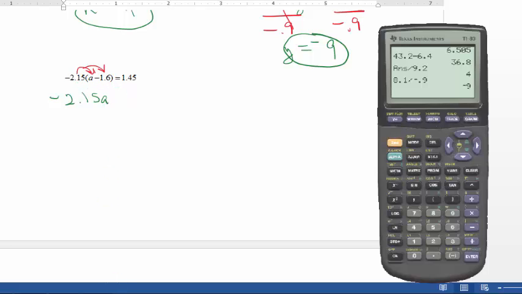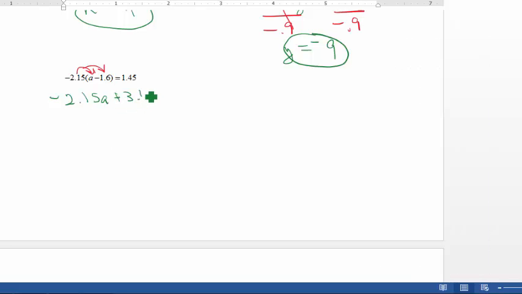That one I got to type in, right? Negative 2.15 times negative 1.6 is going to be a positive 3.44. So this is plus 3.44 equals 1.45.